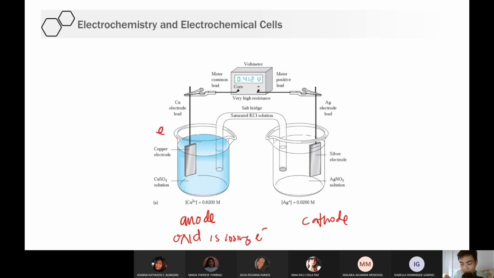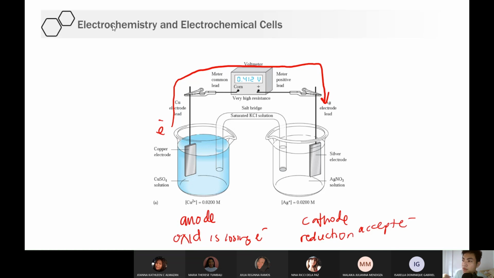So, yung electron na malalabas nila, it will pass through from the left to the right, where the reduction will accept the electron.